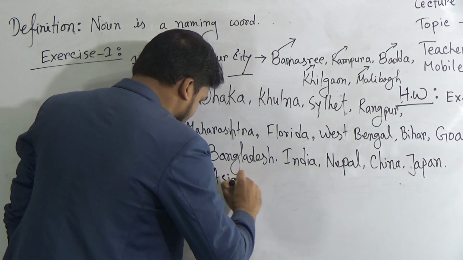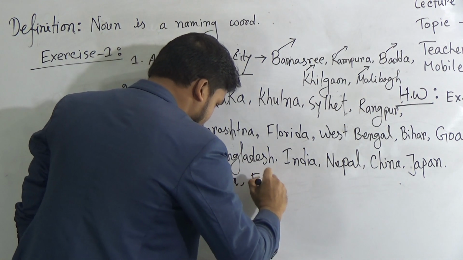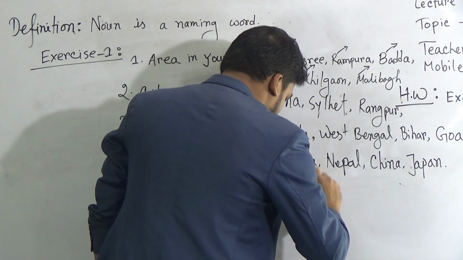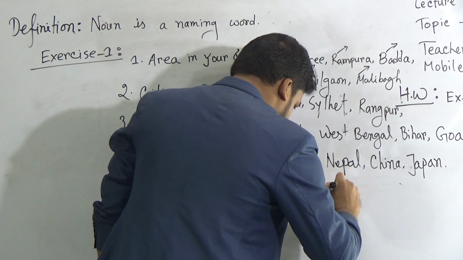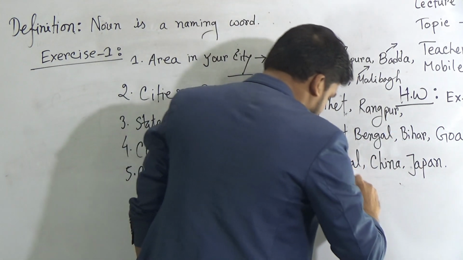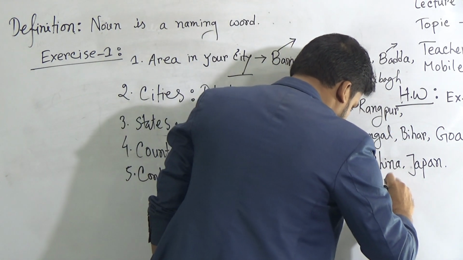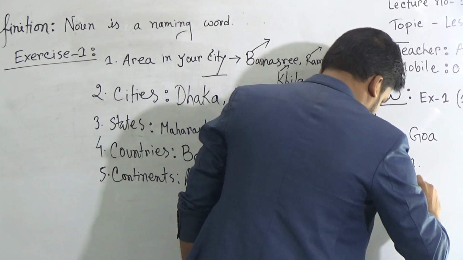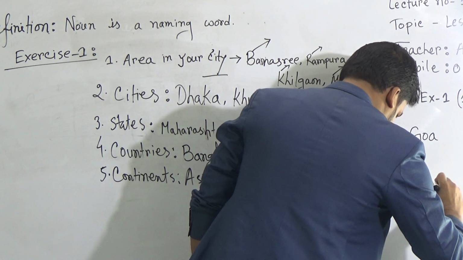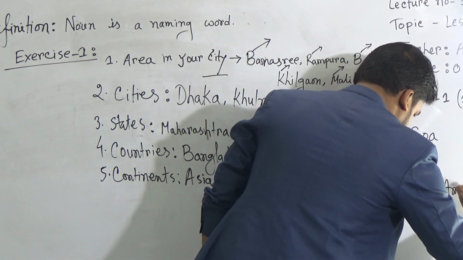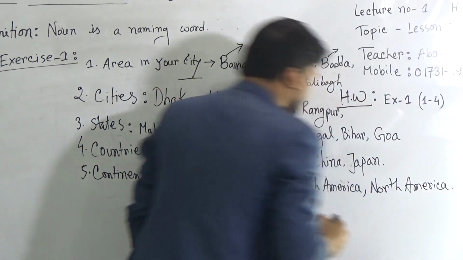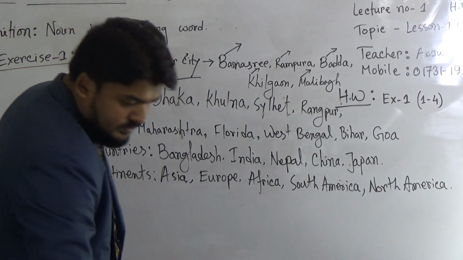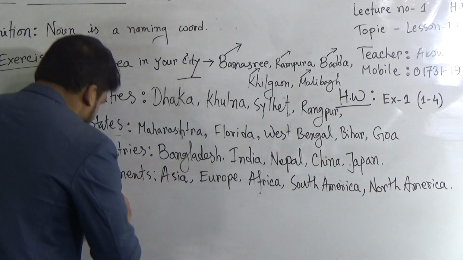First one, Asia, Europe, Africa, South America, North America. This is 5 continents. Number 6, oceans.